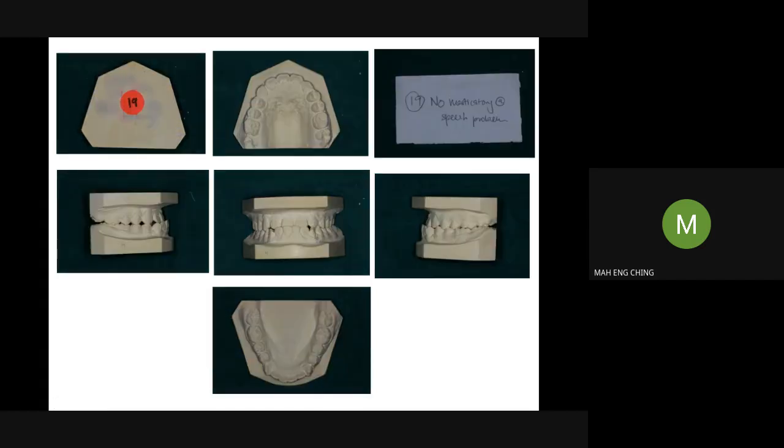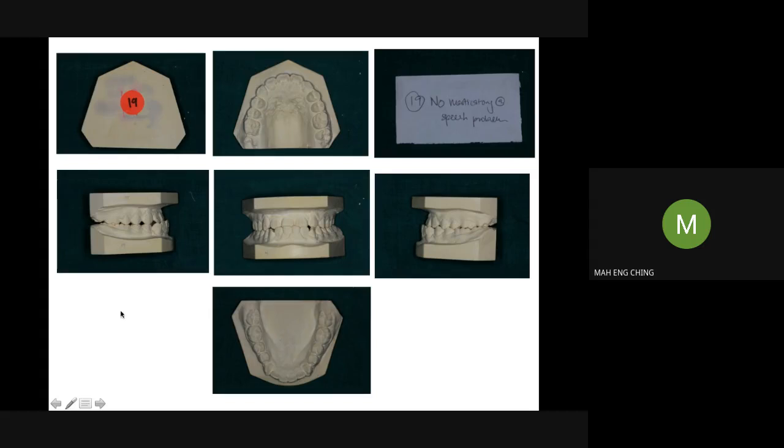Okay, 19. Again, there's a hint here. You see, no problem for speaking and eating, even though there's a reverse overjet, maybe slightly more than 2, or more than 3.5, but it's no problem for speaking and eating.